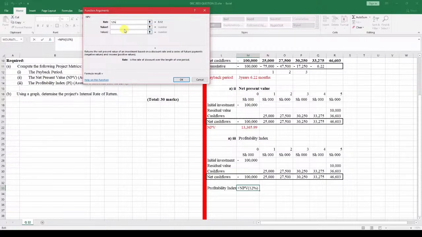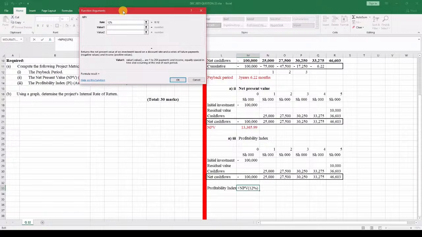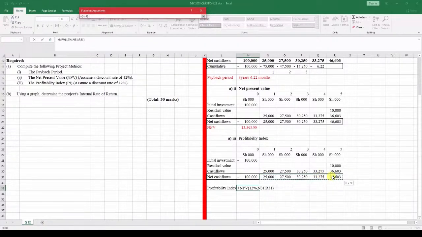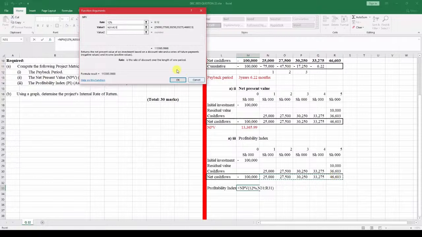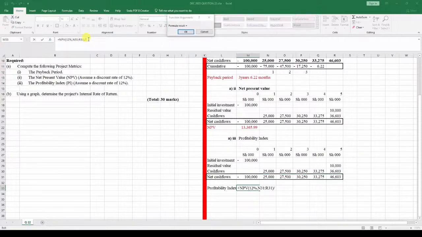And then with 12%, we can put in the values over here like that. We get the present value of cash flows, and we are going to divide this against the initial cash outlay. So minus, open the brackets, this one.